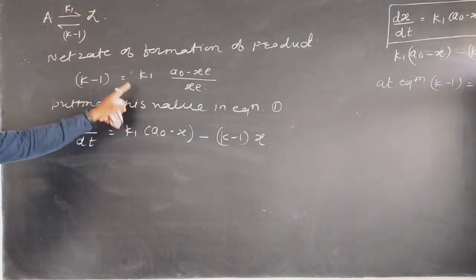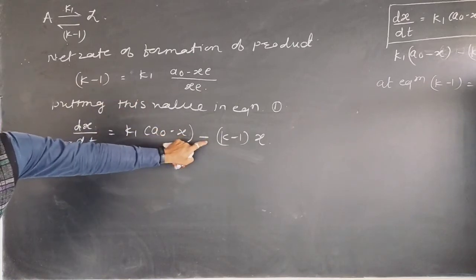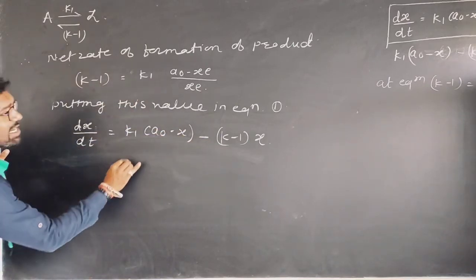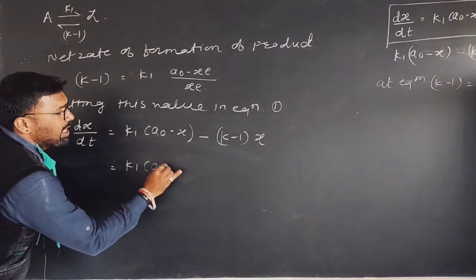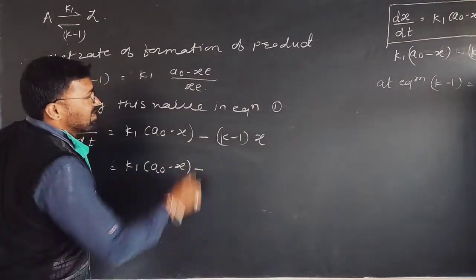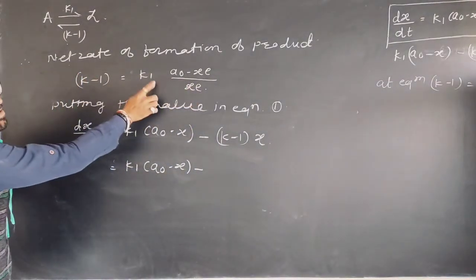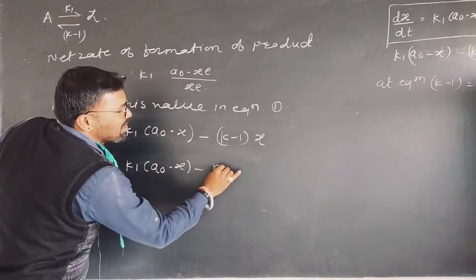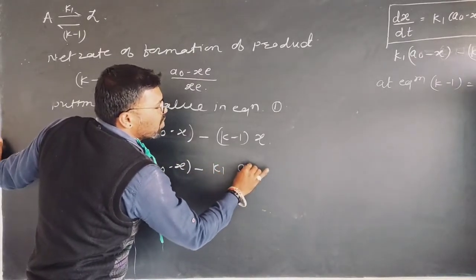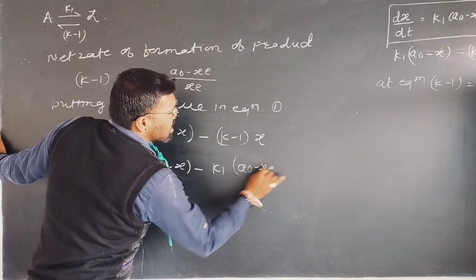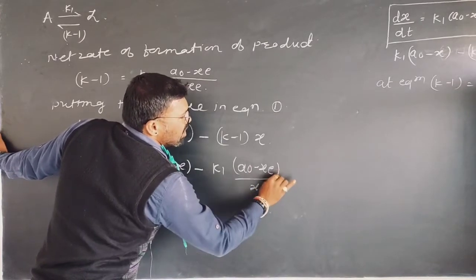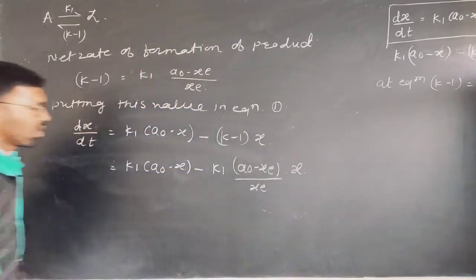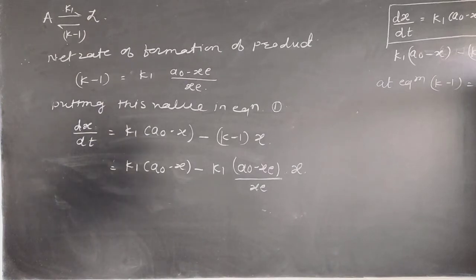Now putting the value of k-1 in this equation, I can write k1 into (a0 minus x) minus, what is the value of k-1 from equation number 3? k1 into (a0 minus xe) upon xe into x.